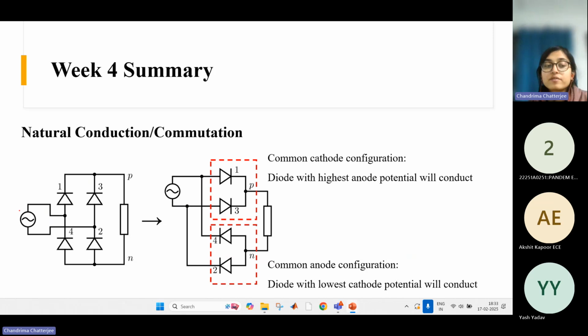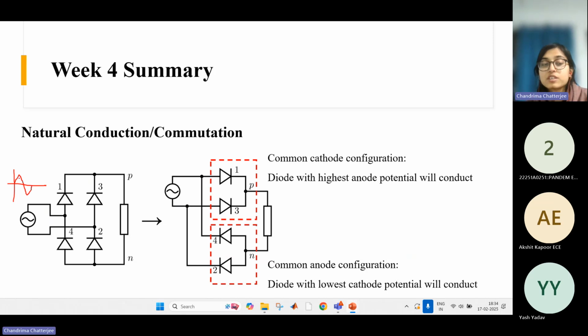So suppose you have an AC voltage here. For the diodes in common cathode configuration, whichever diode has the maximum positive voltage will be forward biased. Suppose this is the source voltage.